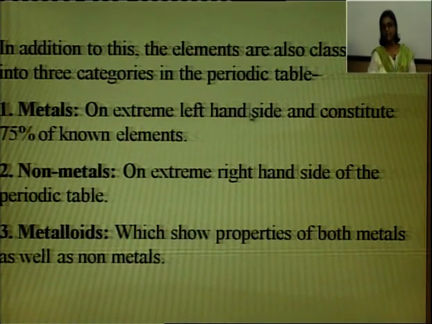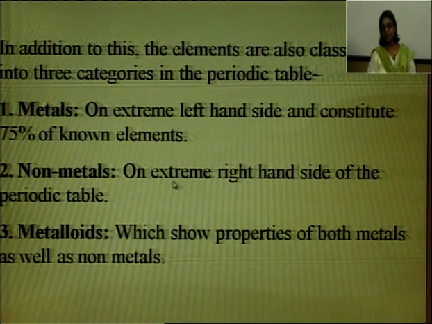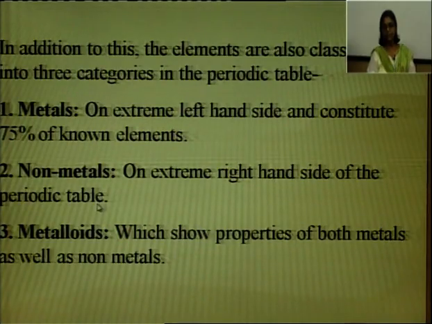The extreme left hand side constitutes 75% of the known elements and are called metals, and the non-metals are present on the extreme right hand side of the periodic table, that is the P block, and the metalloids show the properties of both metals as well as non-metals, that is their physical and chemical properties are actually a combination of metals and non-metals. For example, mercury.